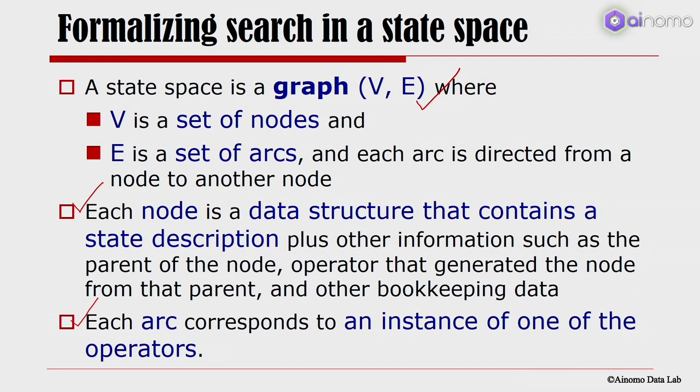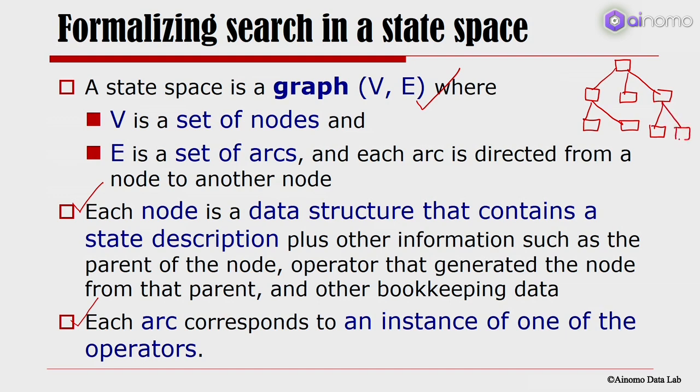So basically whenever we are talking of formalizing search in state space, we are looking at having the whole of the state space converted into nodes, with each operator giving me some instances that take me to the other nodes.